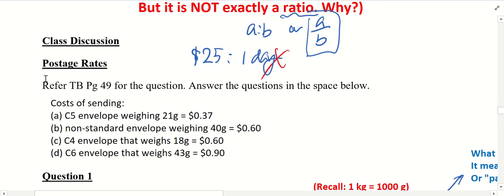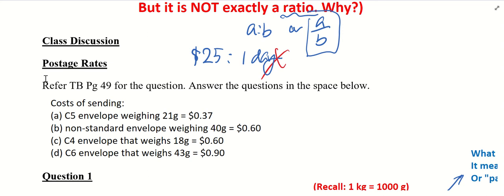So if you look at the question itself, under the category of C5 envelope, there are a few weight items. First row is up to 20 grams. Up to means from 0 grams to 20 grams.